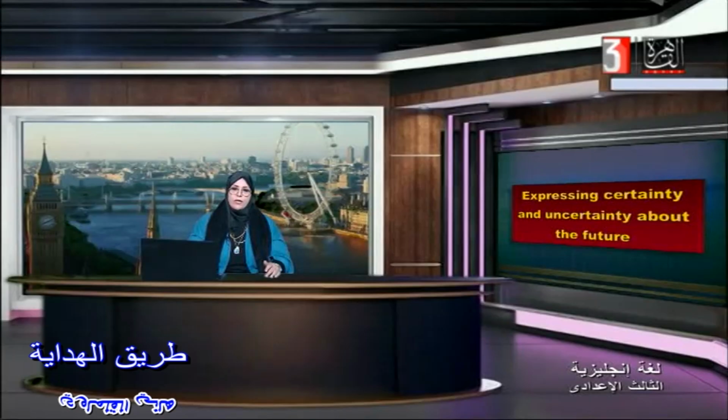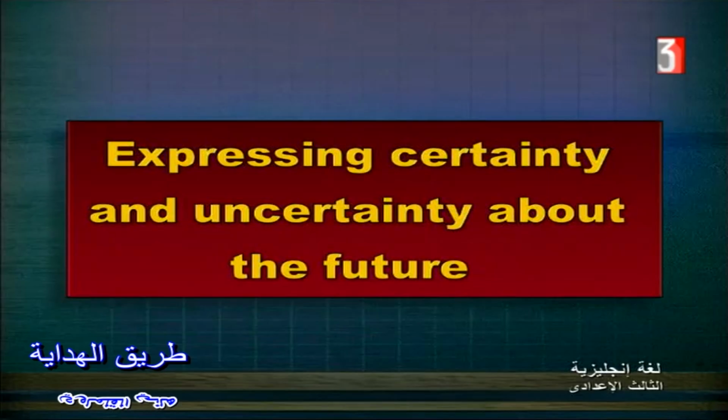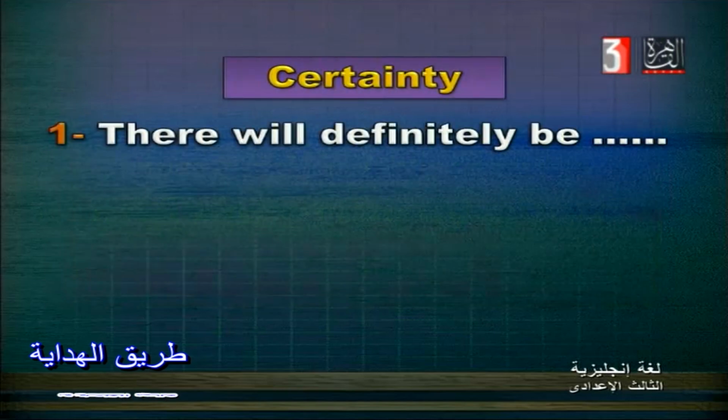Now, my dear students, we reach the second part in the language function, which helps you in order to answer the dialogue. Expressing certainty and uncertainty about the future. Certain معناه متأكد, uncertain معناه غير متأكد. So if you are certain, you should use these sentences: there will definitely be, I'm sure that, أنا متأكد, I think that's very likely to happen.